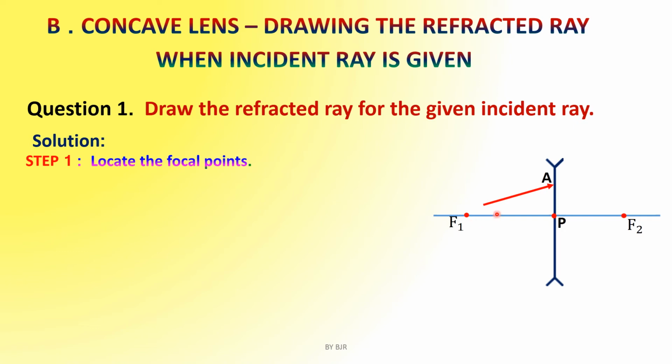Next, the incident ray is on the left side, this side. So, in the case of concave lens, we have to draw the focal plane on the same side of the incident ray. That is, at F1 itself, we have to draw the focal plane here like this.